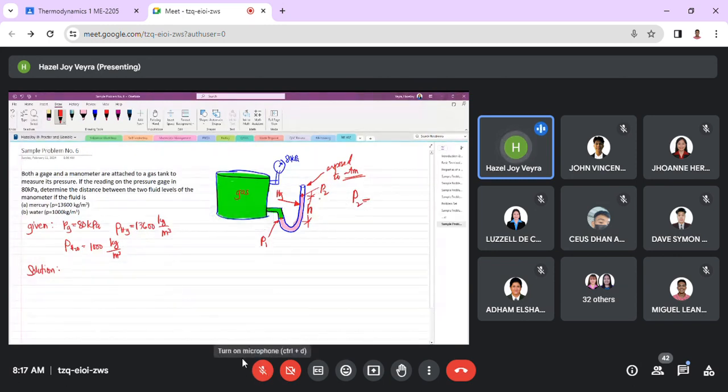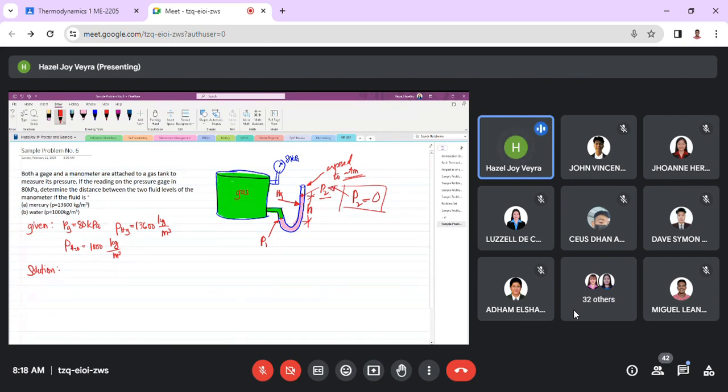What's the gauge pressure at this point? Again, sabi sa definition natin ng gauge pressure, measurements always neglect the effect of the atmospheric pressure. So, what's our P2? Yes, very good. Our P2 here is 0.